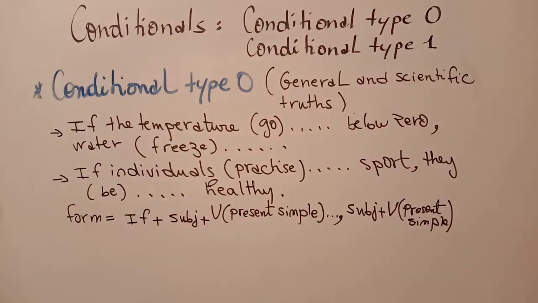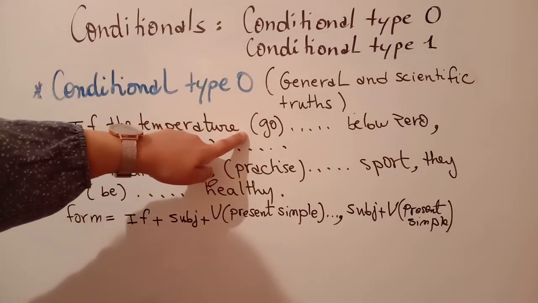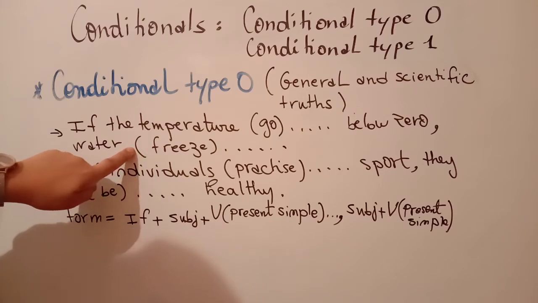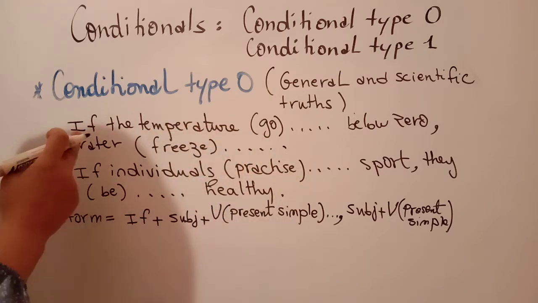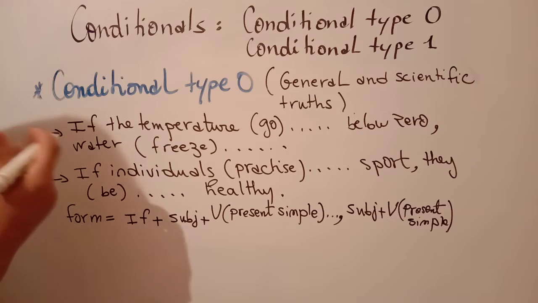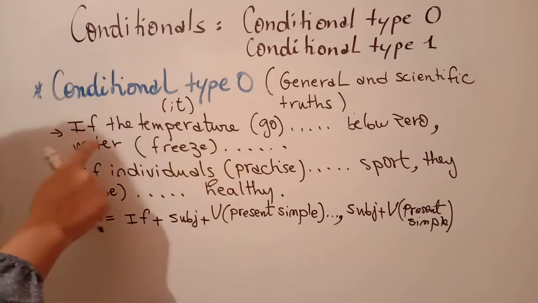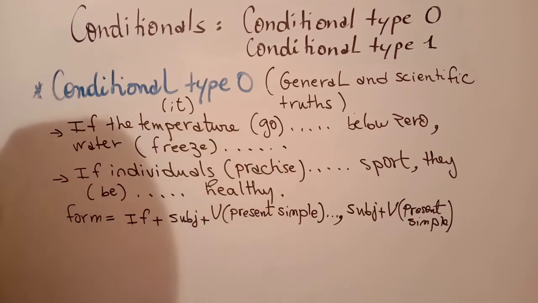Okay, so let's apply the form of conditional type 0. As I told you before, you have verb present simple in the if clause and also verb present simple in the main clause. So what is the form of go? If we want to replace the temperature with the subject pronoun, it's it. So what is the form of go?